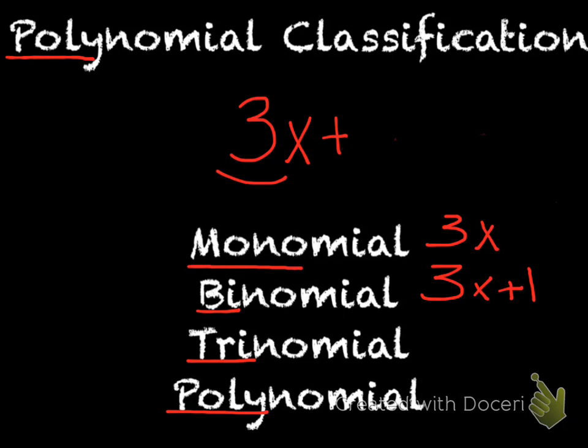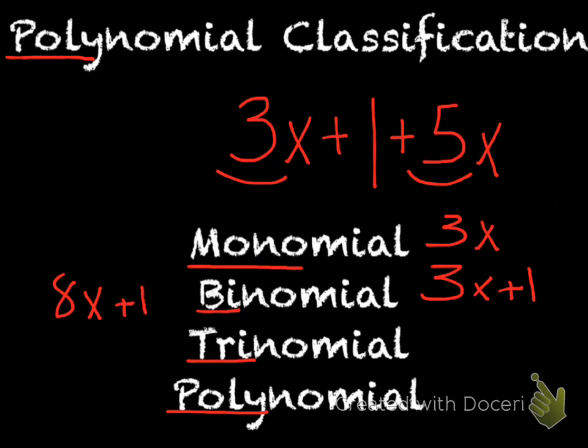What can I do to 3x plus 1 to make it a trinomial? Can I add a 5x? No, because 3x and 5x would combine to give you what? 8x. Then you'd have 8x plus 1. You still have a binomial.